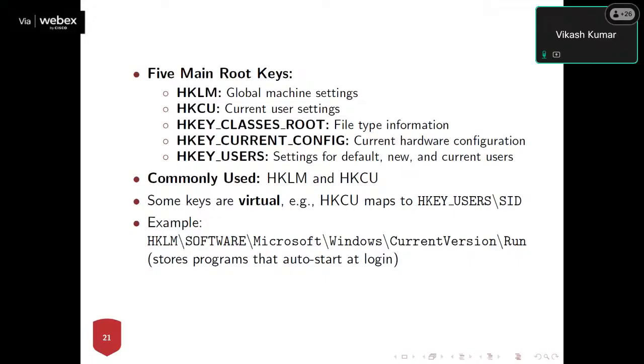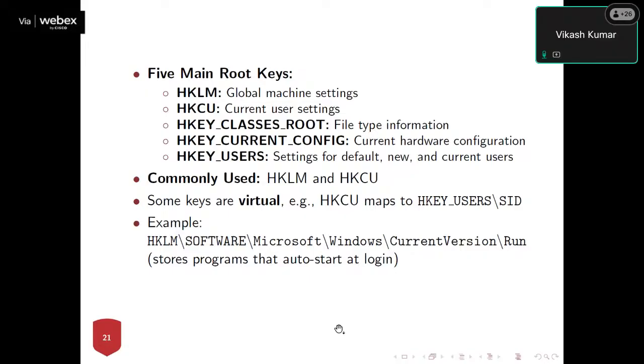So for that purpose we need to create some entries in the registry, but where we create that entry matters. And for persistency, if you remember, many times Abhijit sir has also talked about that if we need persistency, we need to add a key within this hive, right?